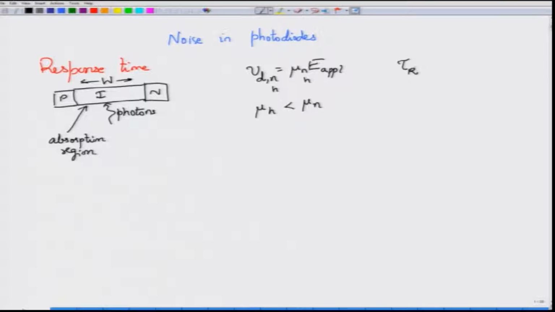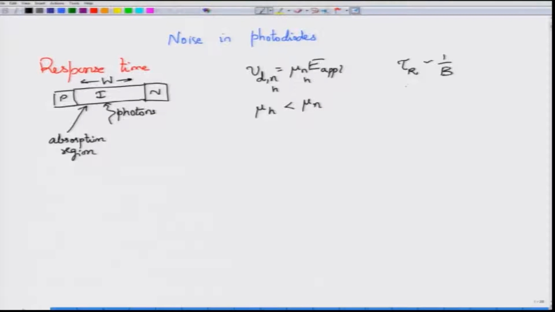And if you think that the response time tau r is in some sense inversely proportional to the bandwidth of operation, the speed at which one can repeatedly generate these electrons and constitute a current, then this response time is more or less determined by the hole velocities.